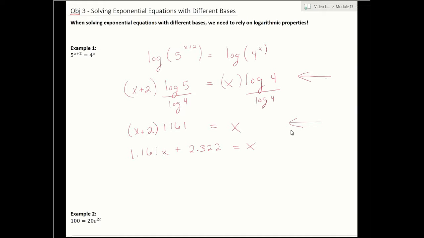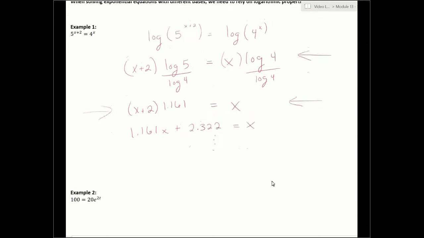Or, as I prefer, to make it as easy as possible, I'll go ahead and stack the logs on top of each other, divide one side by the log of the other, and then convert. Either of these ways is going to work. But again, from this point, you would know how to solve this equation.